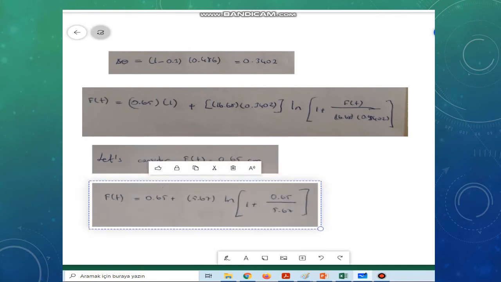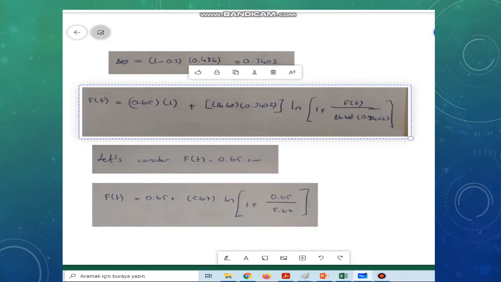Our second, final cumulative infiltration is equal to 0.65, which is our Kt, plus 5.67, which is the multiplication of psi and delta theta, and natural logarithm of 1 plus this F(t) cumulative infiltration.